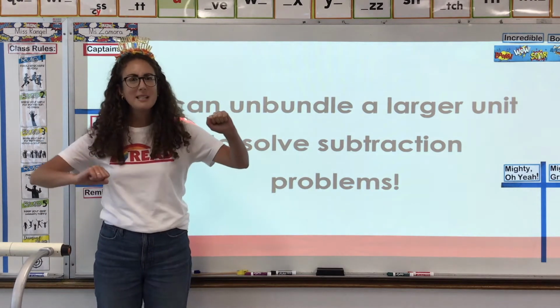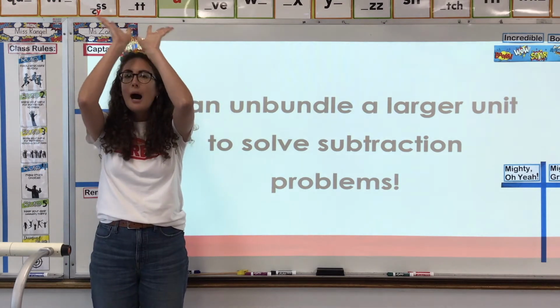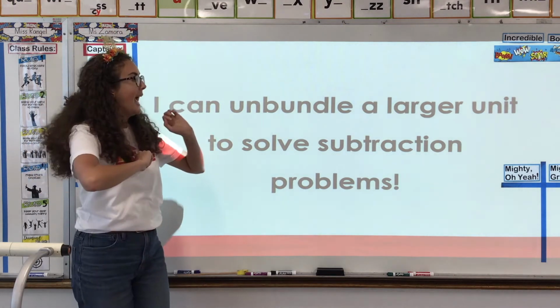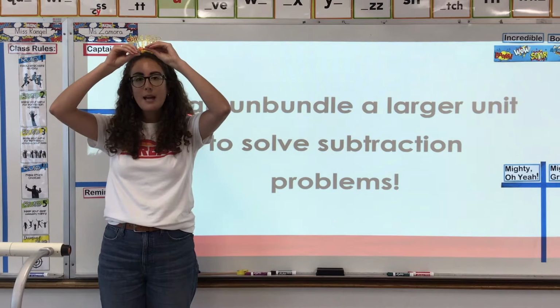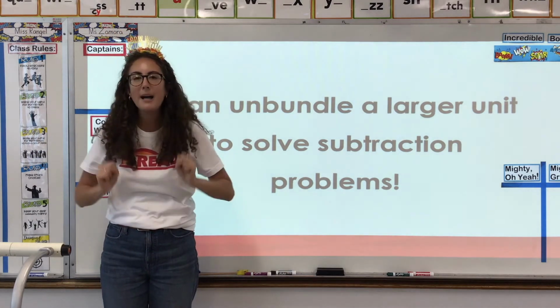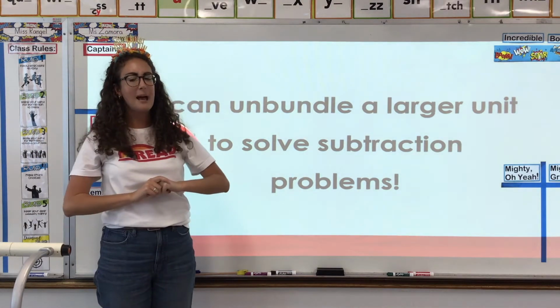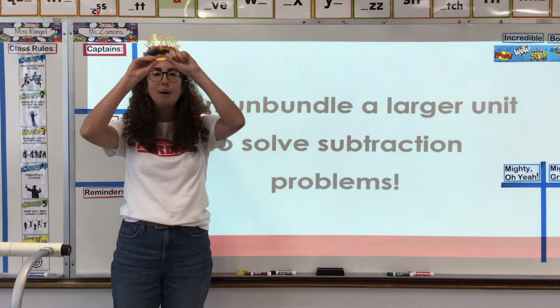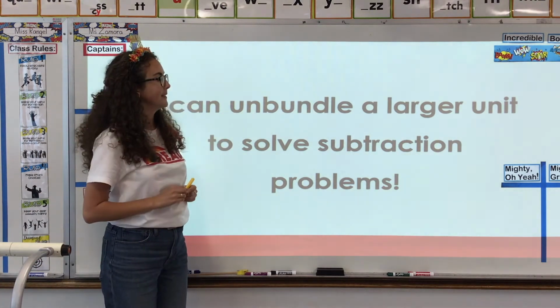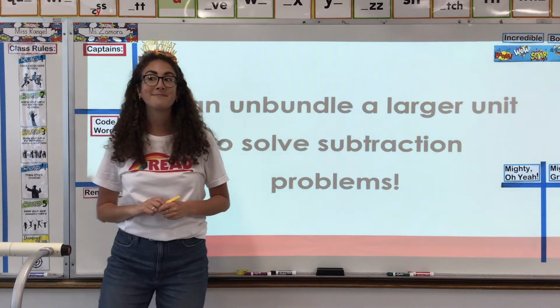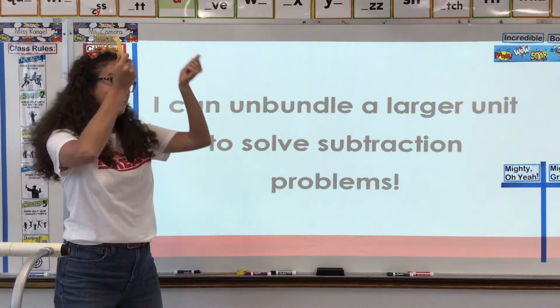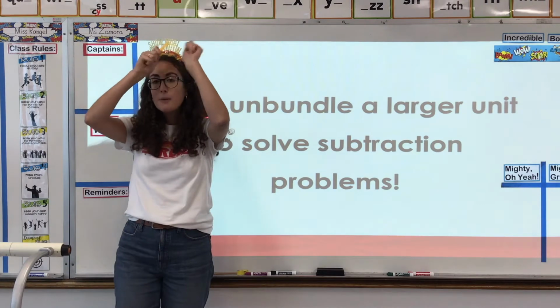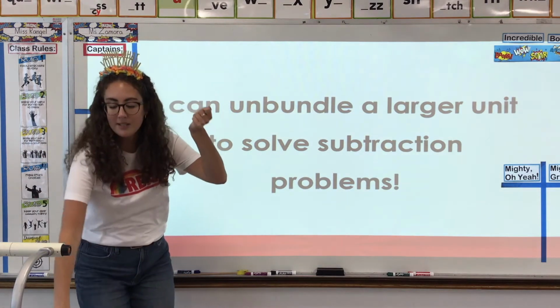My friends, what does it mean to unbundle? If we're taking a larger unit and we're going to unbundle it, what does that mean? What does it mean to unbundle a 10? If we unbundle a 10, what's going to happen?